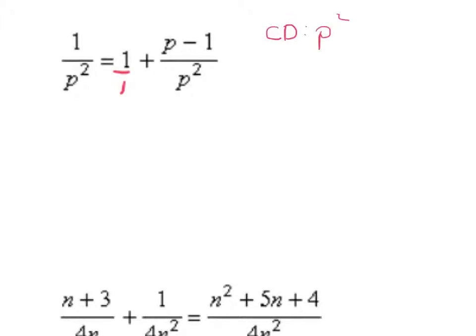So the middle term needs p squared, so I multiply top and bottom by p squared, and again, once I have a common denominator, I can ignore all the denominators and just write the numerators down. And this becomes the problem that you will solve.